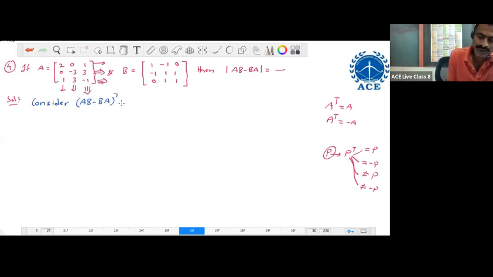Now we apply one of the properties of transpose: A plus B whole power T equals A power T plus B power T. Likewise, if it is minus, then it stays minus. So we have written it like this: (AB minus BA) power T.